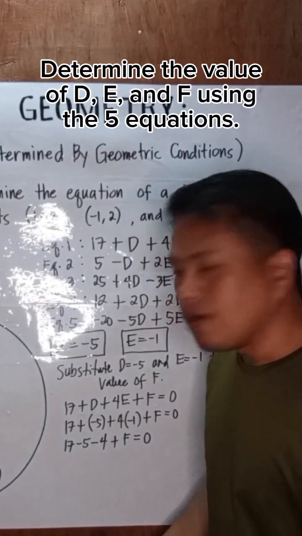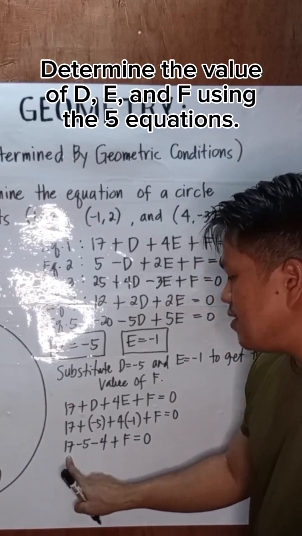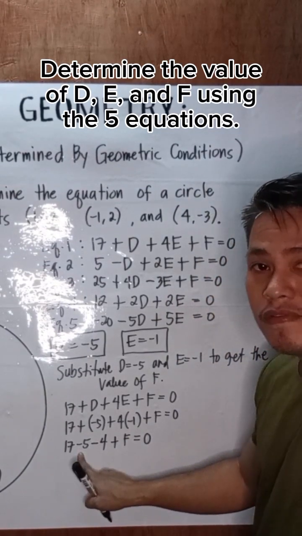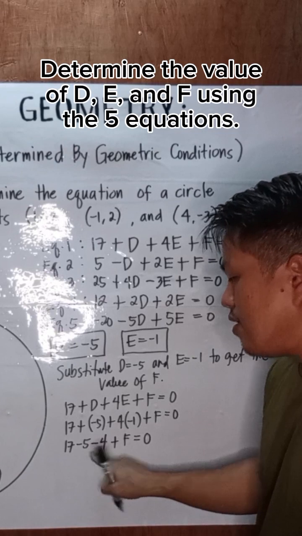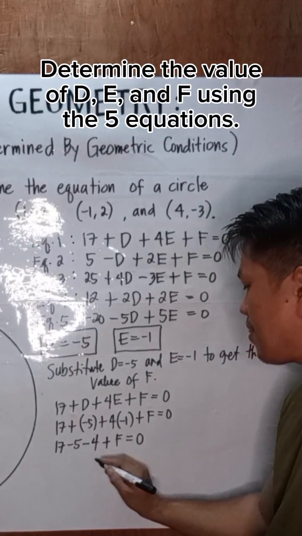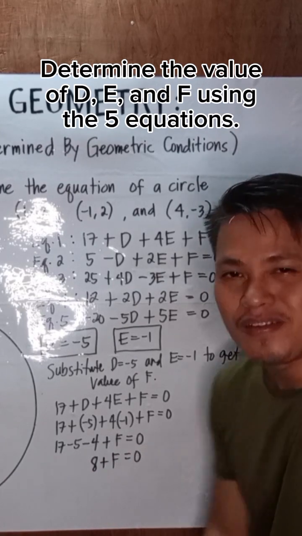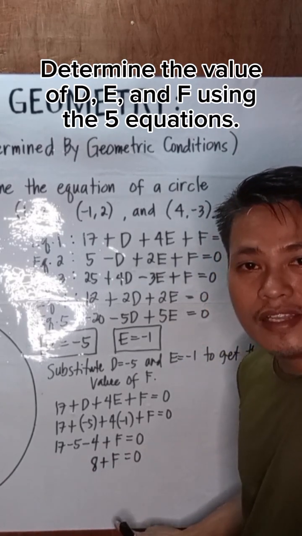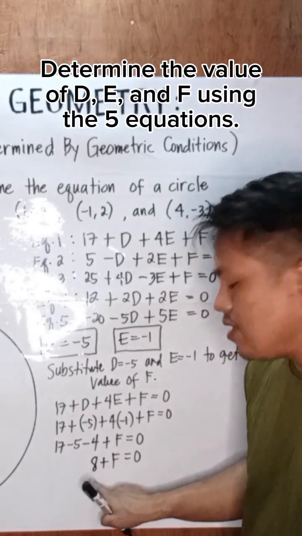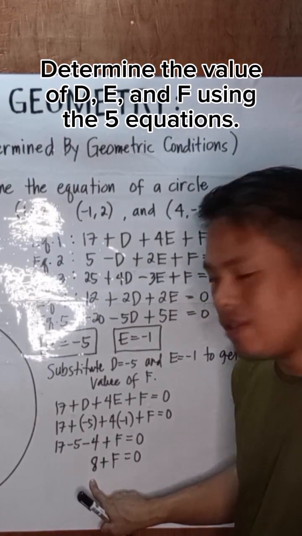Simplify further the numbers. 17 minus 5 minus 4 is 8. Then, plus F is equal to 0. Madali na natin makukuha yung letter F kasi itatranspose na lang natin yung 8.